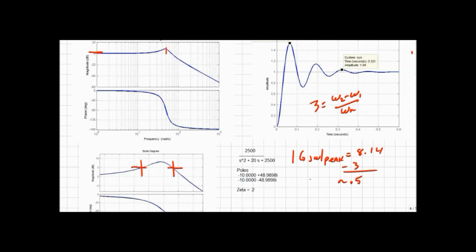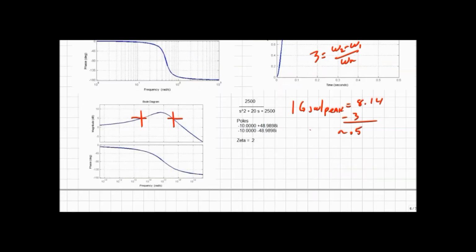Omega 2 is happening at about 10 to the 1.76, which is equal to 56.2, and omega 1 happens at 10 to the 1.65, near as I can get from the picture, and that's equal to 44.7.